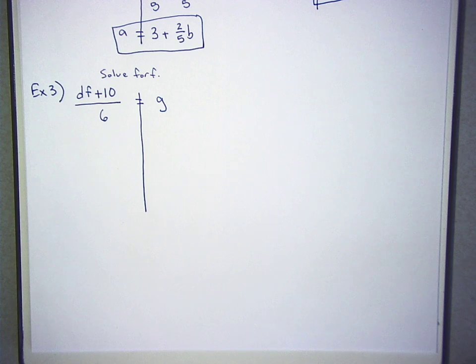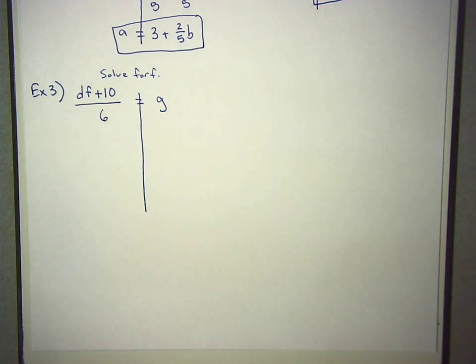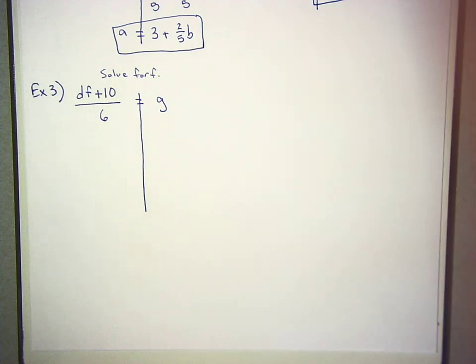What are we solving for, f? All right, so I got f equals, on top of the fraction would be 6g minus 10, and on the bottom would be d.